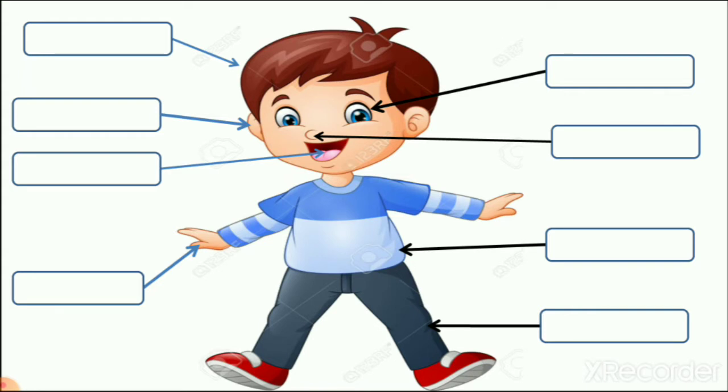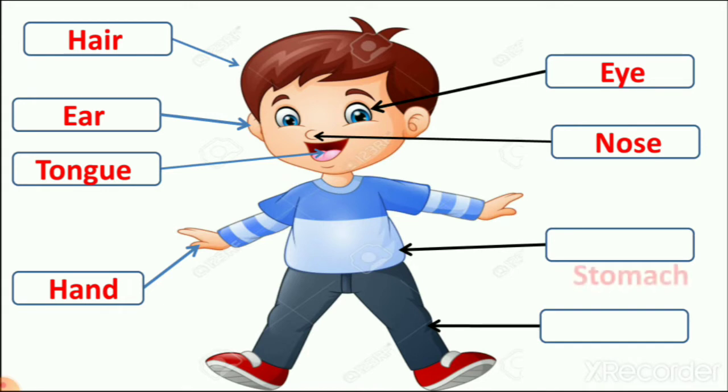So first in previous lecture we write the name of our body part, right? Remember we write the name. So we write the spelling of hair, ear, tongue, nose, eye, hand, legs and stomach. These all are our body part. This part join together in making our body, right?